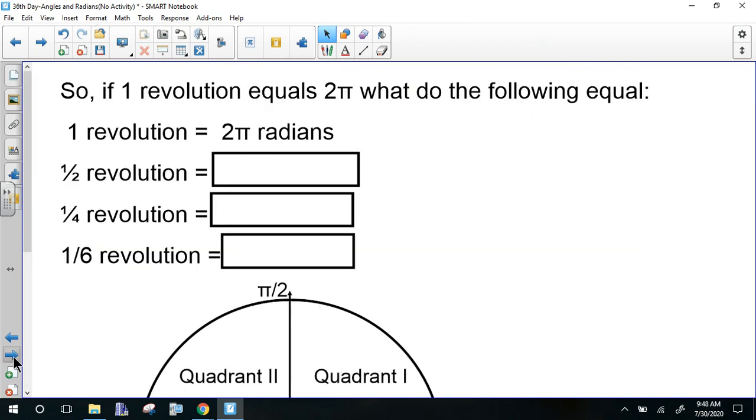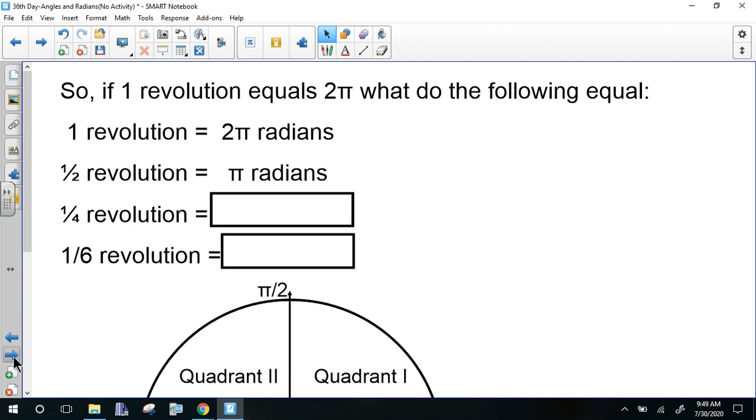So if 1 revolution equals 2 pi, what do the following equal? All right, if 1 revolution is 2 pi, what's half of a revolution? Well, it's half of 2 pi. Half of 2 pi is 1 pi. So halfway around the circle should equal 1 pi radian.